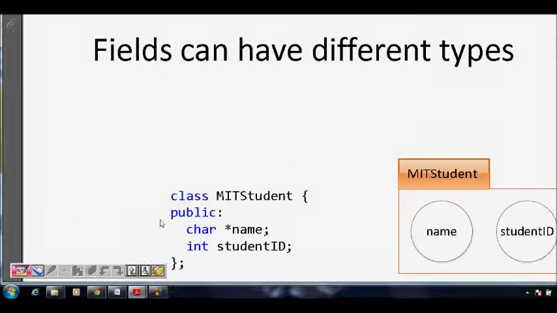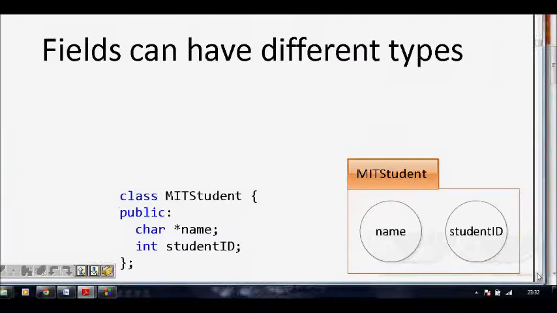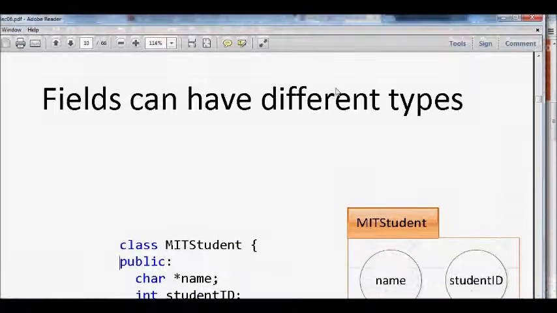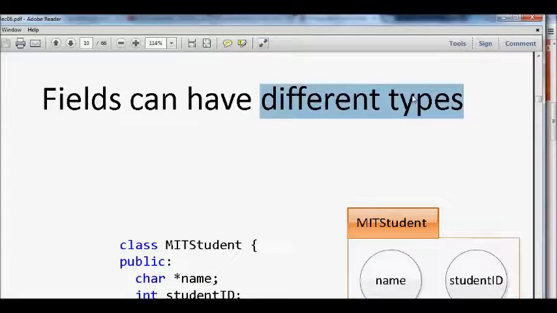Then let's move further. Here is another very good diagram to explain that fields can have different types. It's not always necessary that everything is of the same type, like double in a vector. We can have something different.